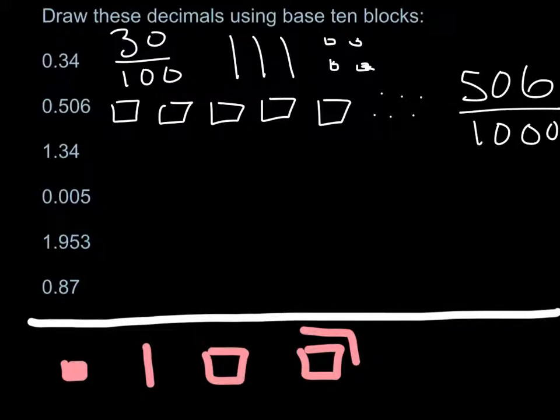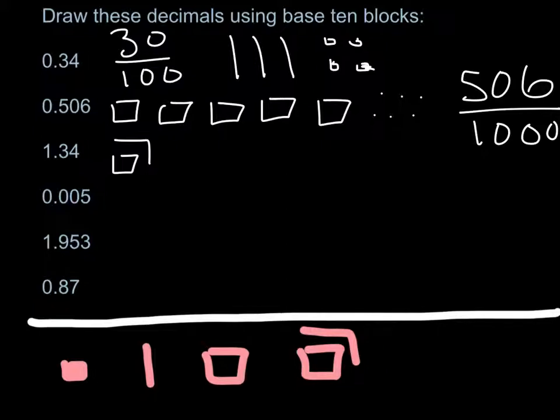I'm actually going to do the next one with you. 1 and 34 hundredths. The 1 is to the left of the decimal. That tells me I have 1 whole cube. So I have 1 whole cube to represent 1, and I have 34 hundredths.